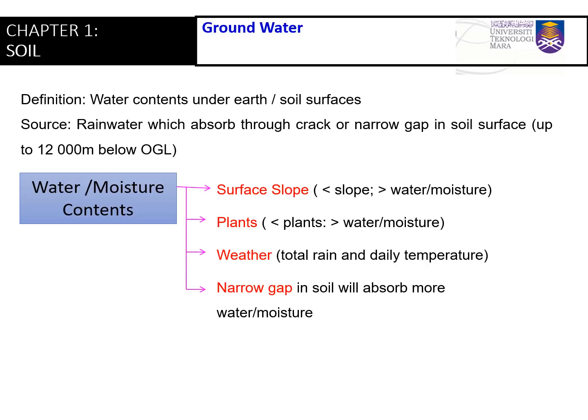Because the water has evaporated, and the soil shrinked. So when it shrinks, it will have gaps, or maybe due to other reasons you will have gaps in that soil. So when you have gaps, water can enter those gaps, and thus you will have more water.